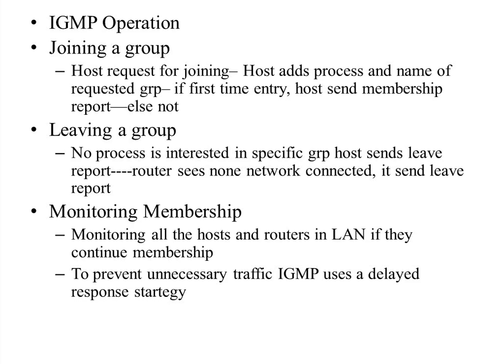The router sees whether the leave report is from that particular network, then that information is removed from the list of that router, and that host will leave that group. And when the router sees that none of the networks is connected to the router, it will send the leave report, and that group will get purged, that is, the group will be ended. So this is how the leaving of the group works.